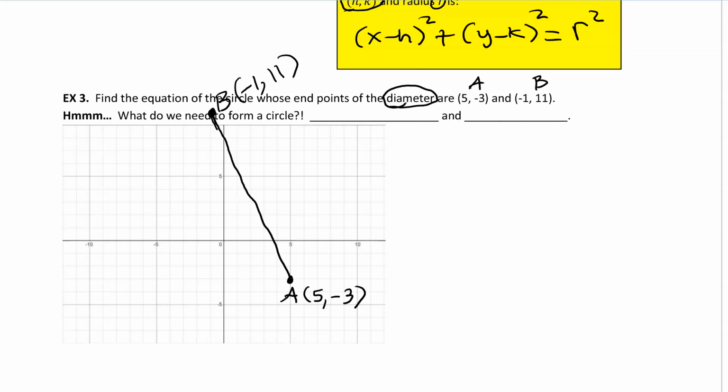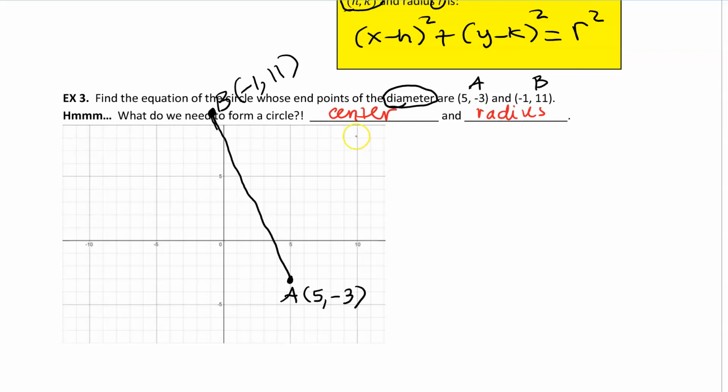In order to find the equation of a circle, what do I need? A center and a radius. So where is the center? If that is your diameter, somewhere in between.